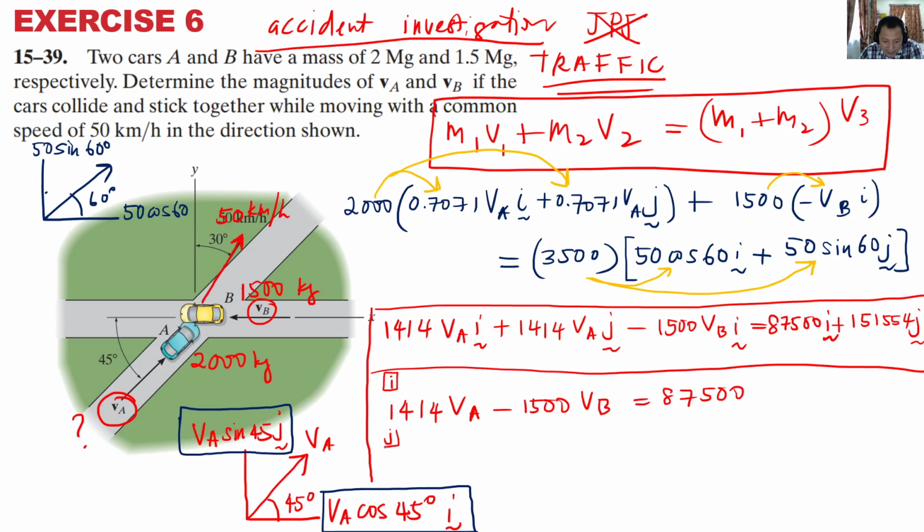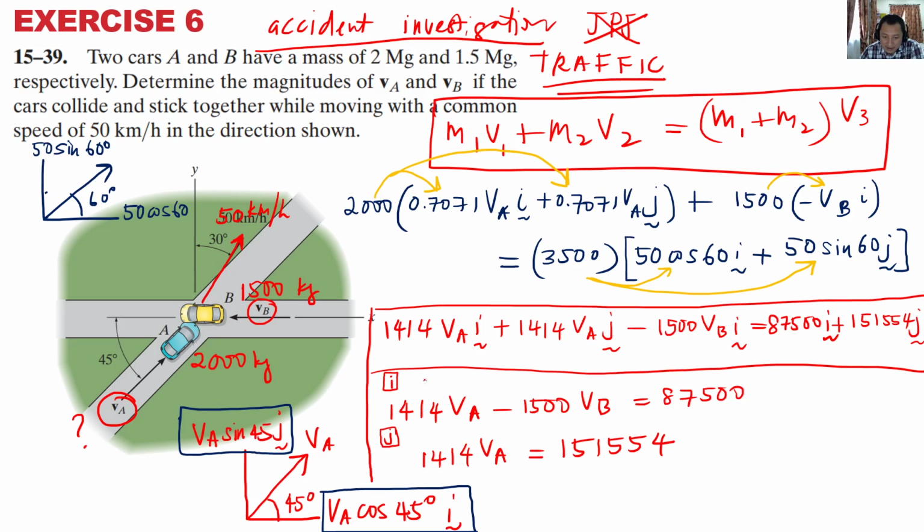Next, look at j: 1414 VA equals 151,554.